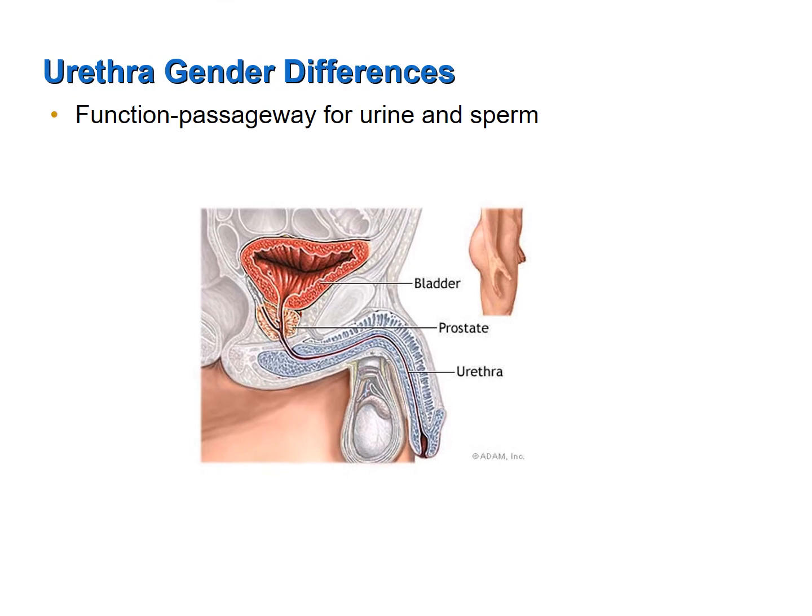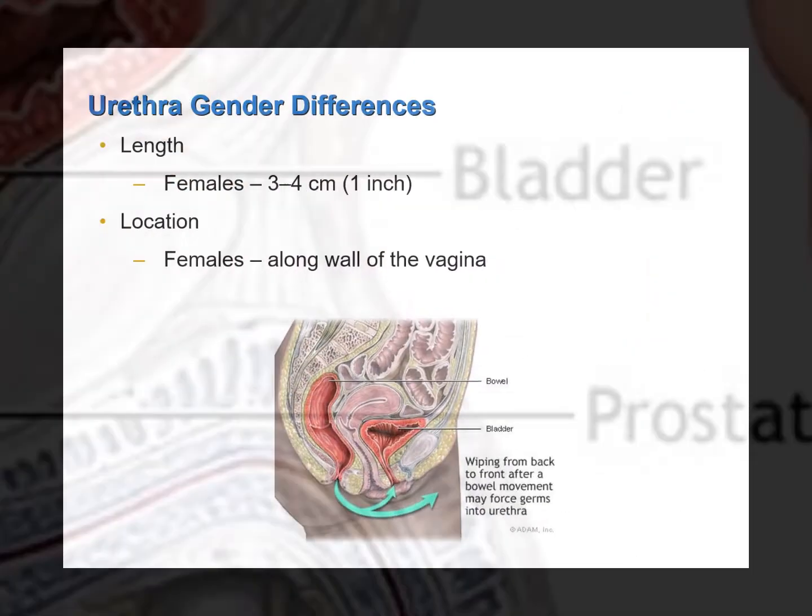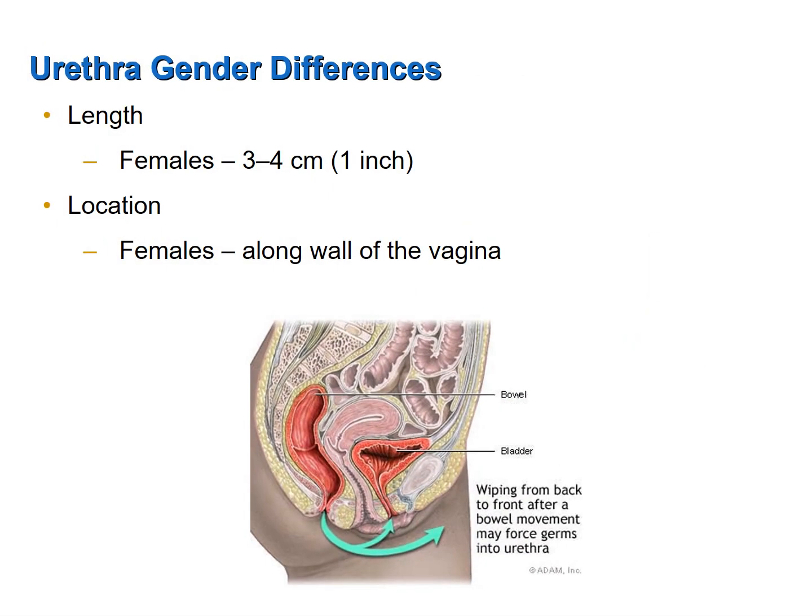In males, the urethra is part of both the urinary system and the reproductive system, since it is a common passageway for both urine and sperm. The urethra in females is much shorter than the urethra in males, and it's only a passageway for urine, so it's only a part of the urinary system.